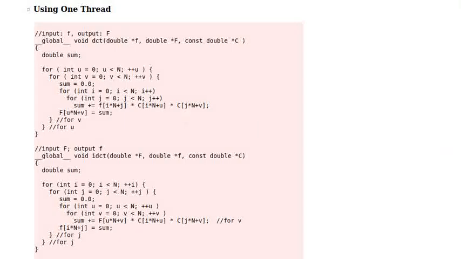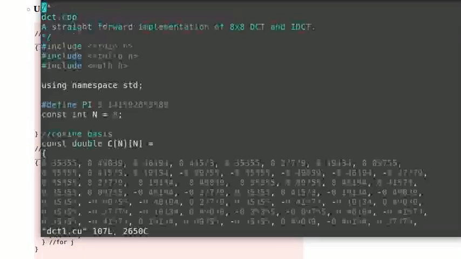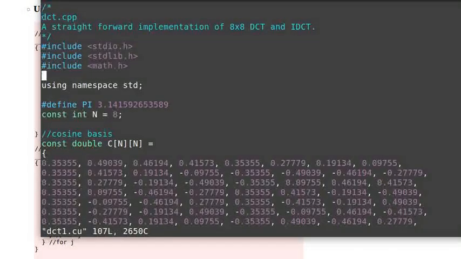Now let's copy this. Copy the DCT to a new file, which we call dct1cu, and we make the changes here. So all these are the same. This becomes DCT1 CU, where 1 means one thread.